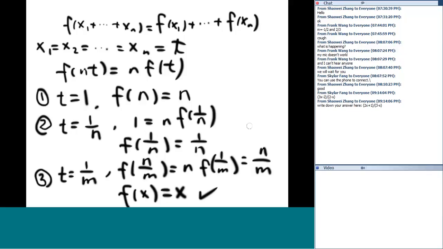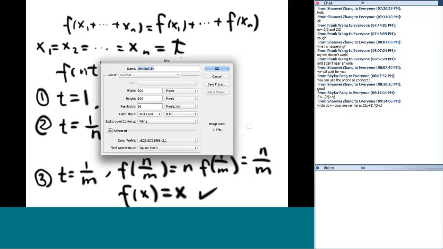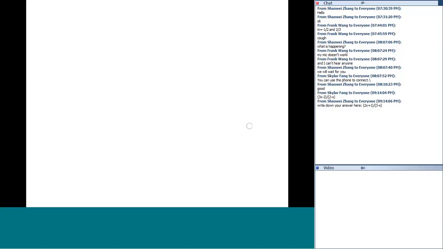That's also interesting. Let's look at it. So now we said f(x) equals x.